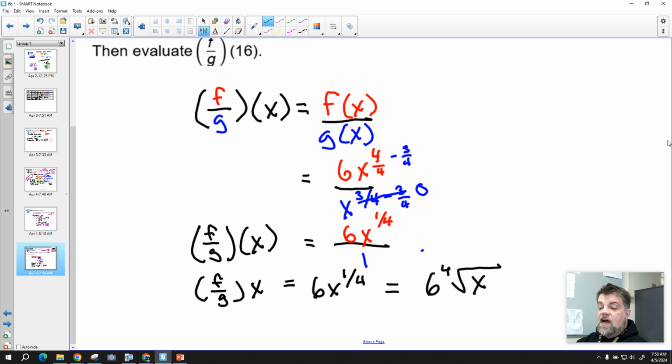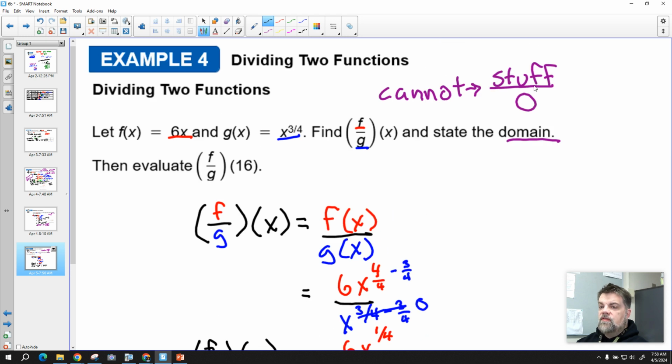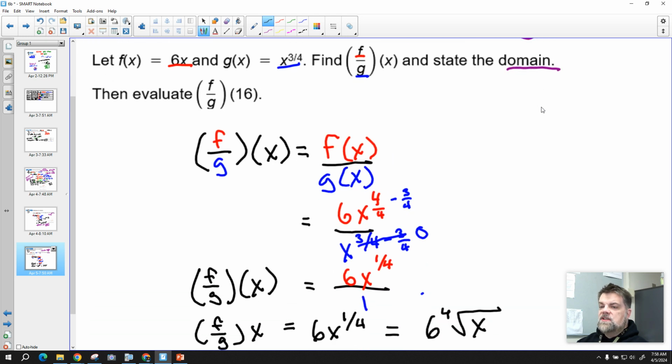So now what do we know about the square roots? Well, I thought because this was a fraction that we can't have 0 in the denominator, but what's the other restriction on the domain? We also cannot take an even root, which is 4, that's an even number, right, of a negative number.